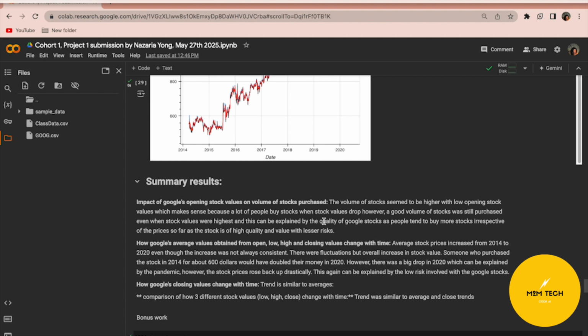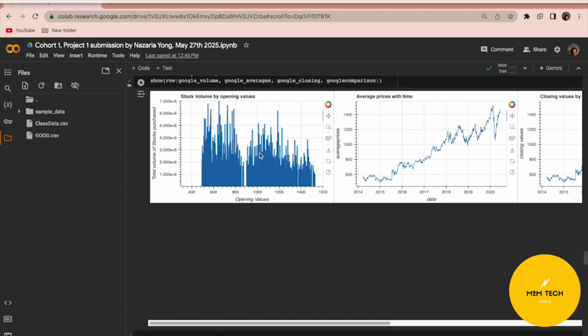However, a good volume of the stocks was still purchased even when stock values were highest. And this can only be explained by the quality of the Google stock, as people usually buy more stocks irrespective of the prices. So for us, the stock is of high quality and there is lesser risk, right?